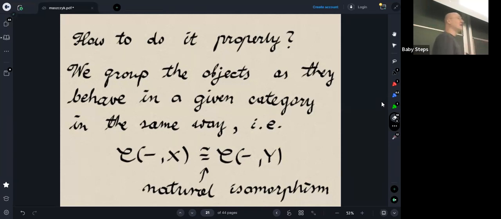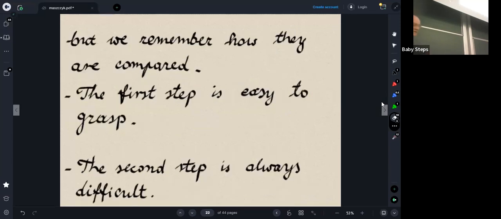So this set, or this functor, measures how X interacts with all other objects in this category. And if two objects interact in the same way, we decide to identify them. But we have to remember how they are compared, how they are identified.